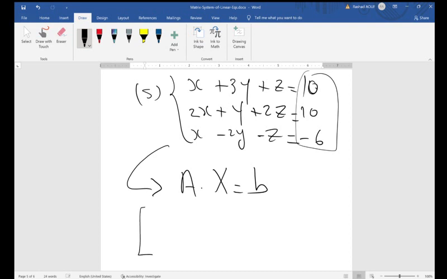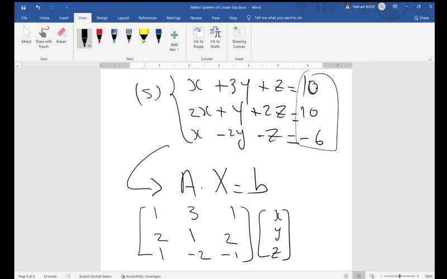The matrix would be like this: 1, 3, 1, 2, 1, 2, 1, minus 2, minus 1, times x, y, z equal to b: 10, 10, minus 6.